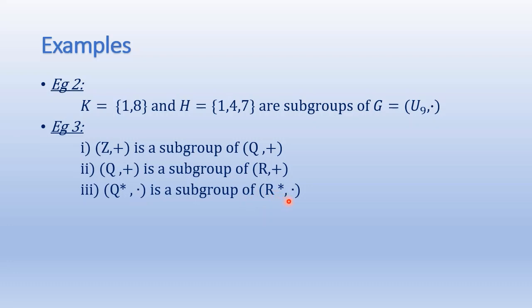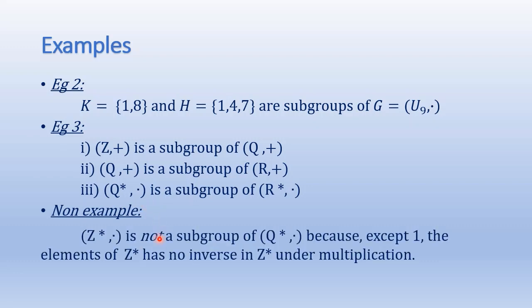You may note that Z star, even though it's a subset of Q star, Z star comma dot won't be a subgroup of Q star comma dot, because in Z star no element is having its multiplicative inverse except 1. 1 alone will have its multiplicative inverse as 1.